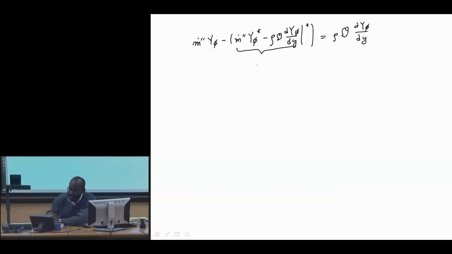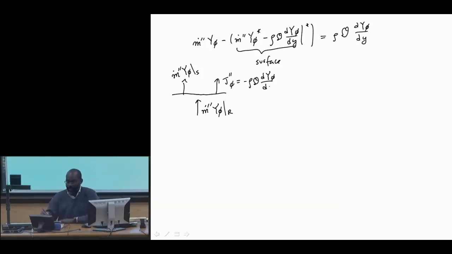So remember our surface boundary condition, let me just draw that. It was m dot double prime y-phi at the reservoir is equal to m dot double prime y-phi on the gas side at the surface, and this j of phi, which is equal to minus rho d dy phi dy at the surface.